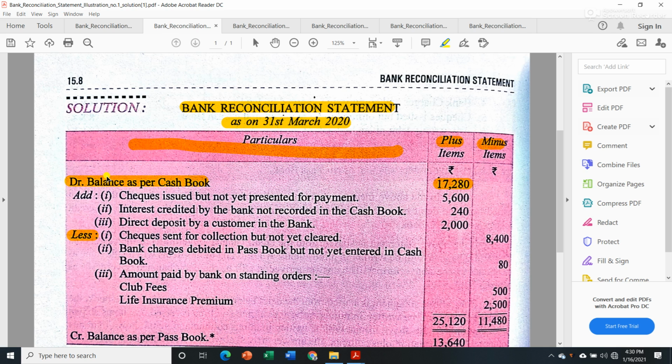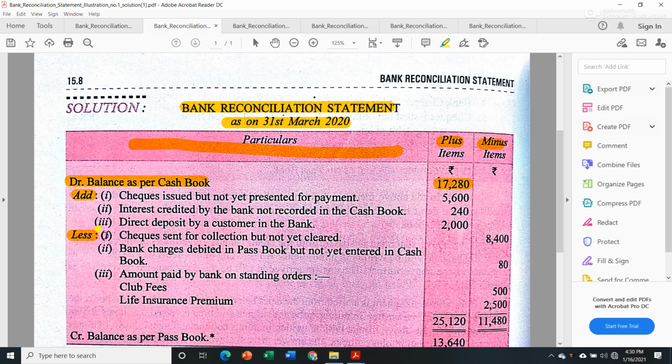Now after writing debit balance as per cash book, you can write add, put a colon, and leave some space for writing plus items. In the starting we don't know how many items we will have on the plus side, so you can just leave some space and write less.